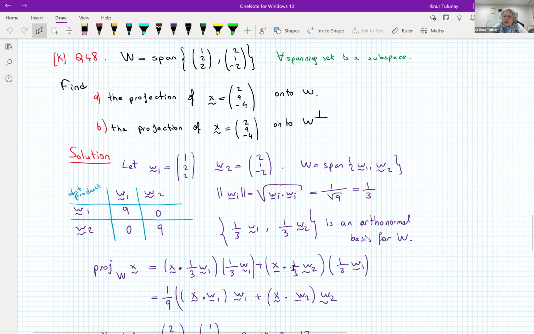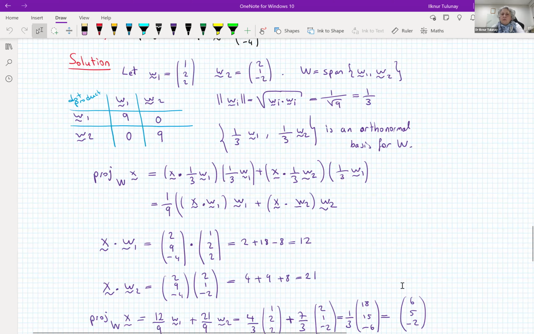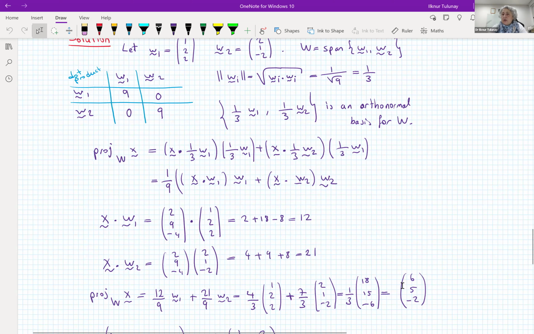And X dotted with the second orthonormal basis vector will give us a real number, and that is a vector. The only thing that we need to do is just figure out these coefficients, basically. But I need a bracket here. So let's figure out these dot products.